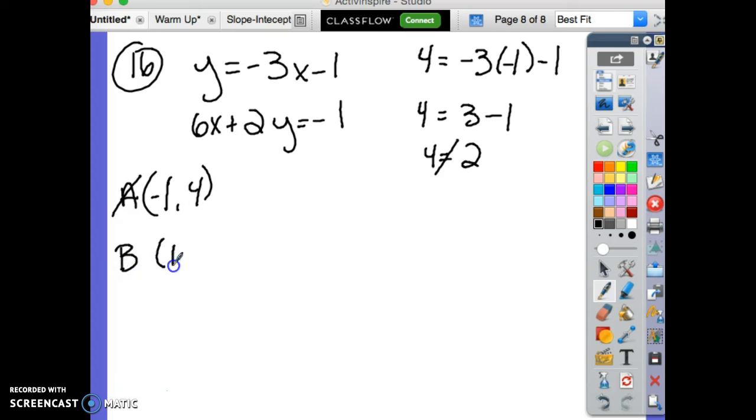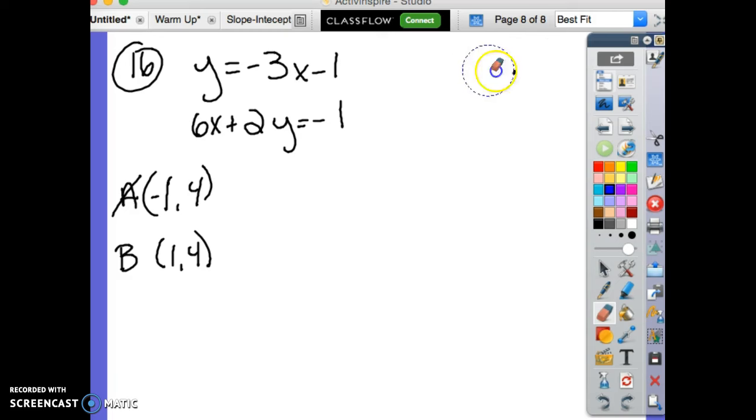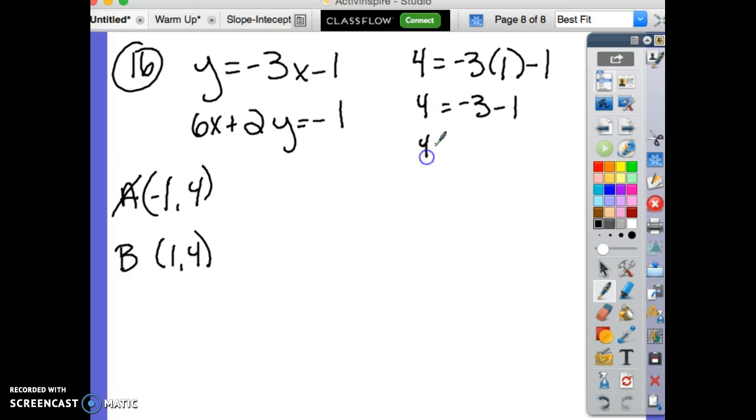B says 1, 4. So using the top equation again, 4 equals negative 3 times 1 minus 1. 4 equals negative 3 minus 1. 4 equals negative 4.